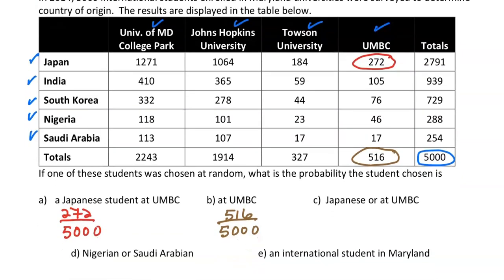Okay, look at this one. A Japanese student, the student is Japanese or at UMBC. Okay, so probability of Japanese plus probability at UMBC. Now, can there be an overlap? Oh, yes.